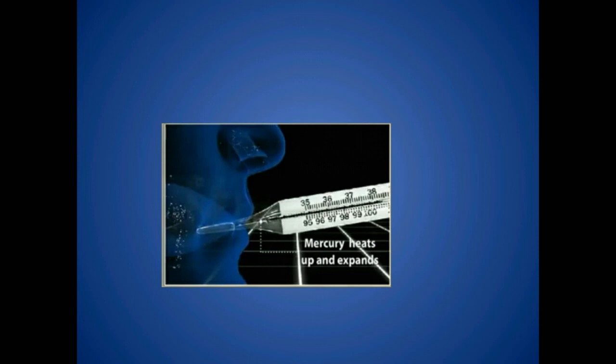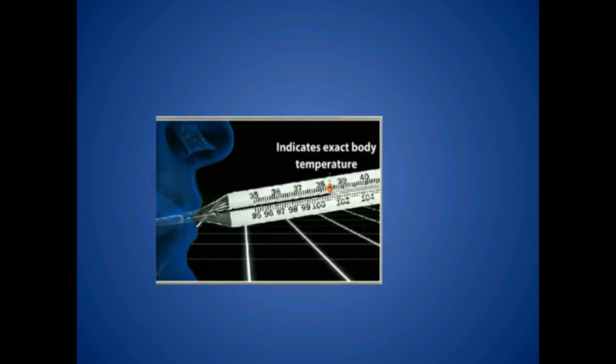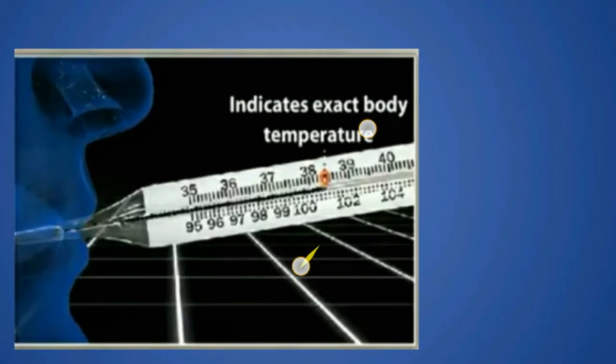When you have fever, the clinical thermometer is placed inside the mouth for measuring the body temperature, and because of body heat, the mercury inside it expands and rises to a certain level in the capillary tube through the constriction. The level where the mercury rises indicates the exact body temperature.